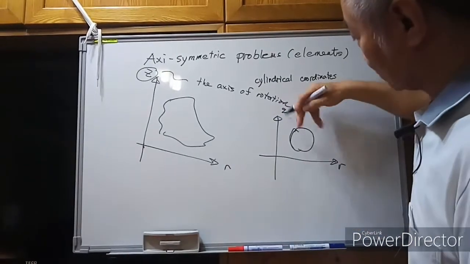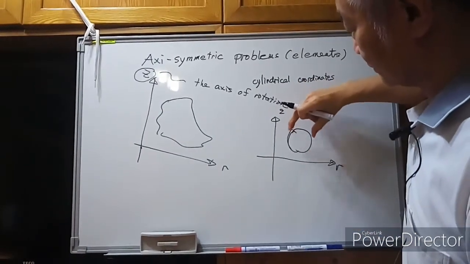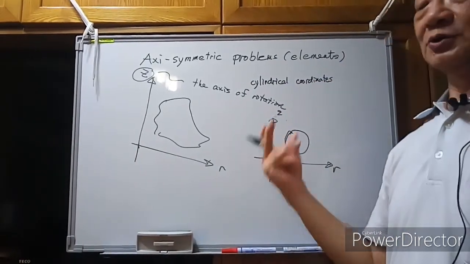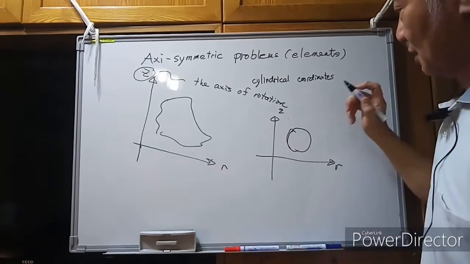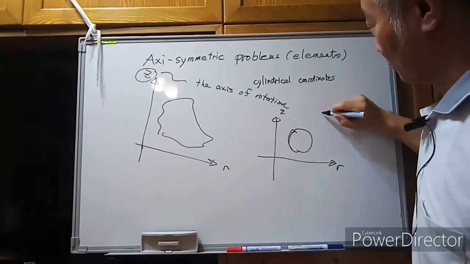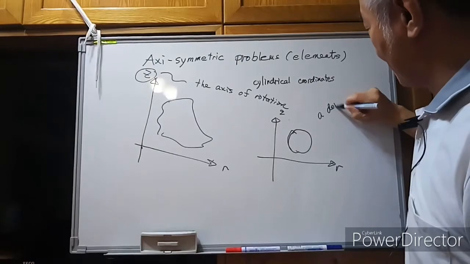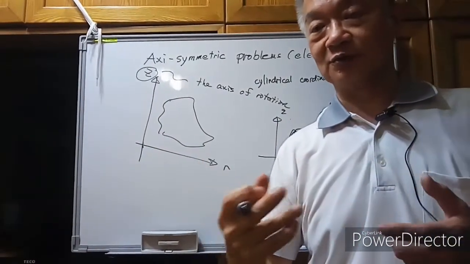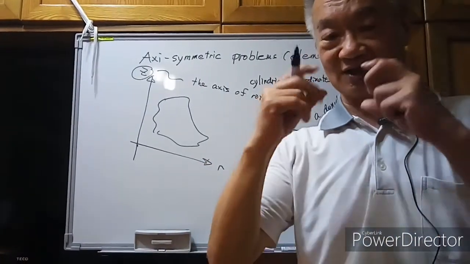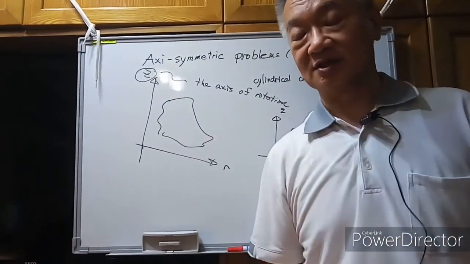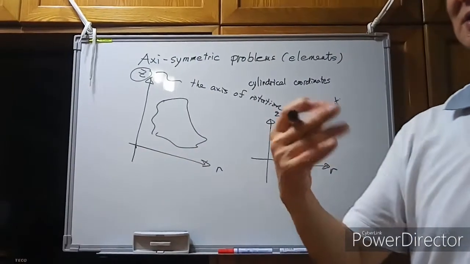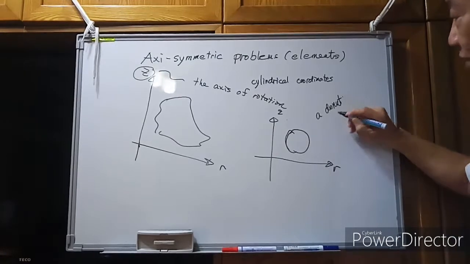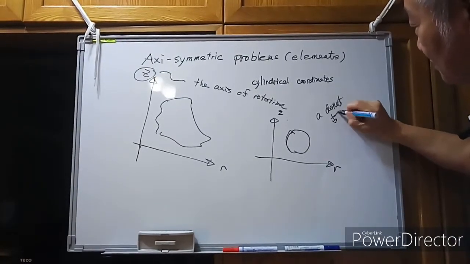Okay, so the entire structure will be this circular area rotated about the z-axis, then you can see something that looks like a donut. I believe all of you have eaten a donut before. Okay, it is sprayed with sugar on the top, and that's the donut. Okay, let me write the Chinese character.